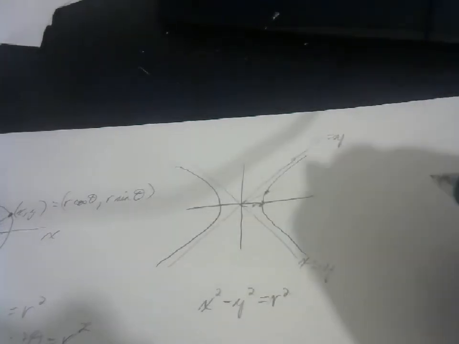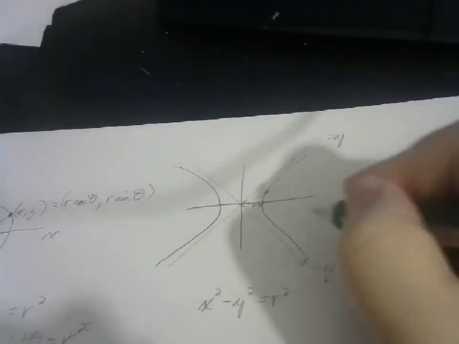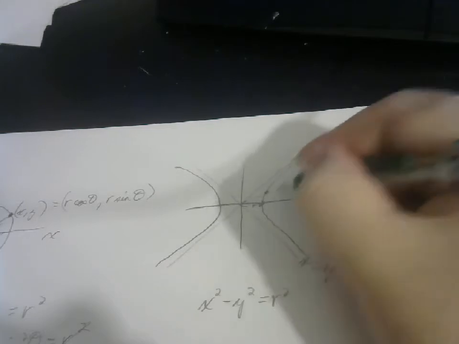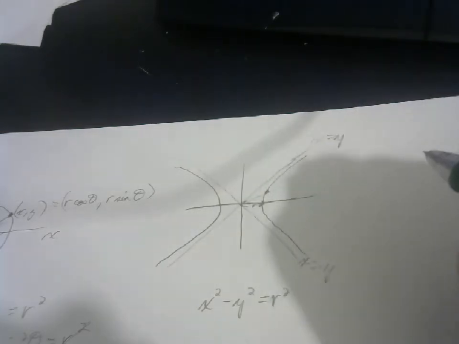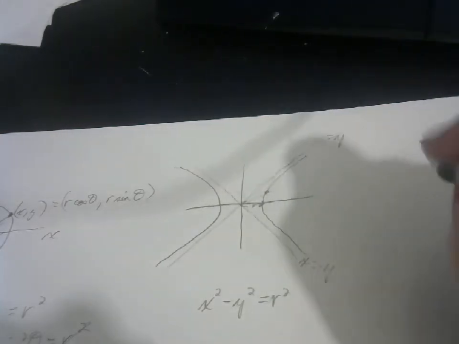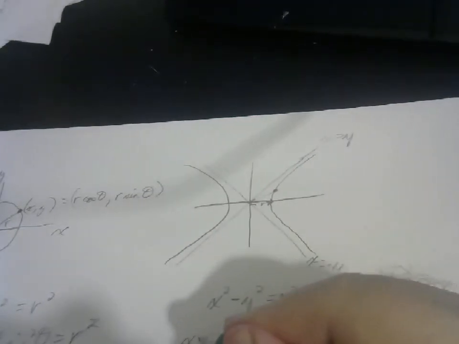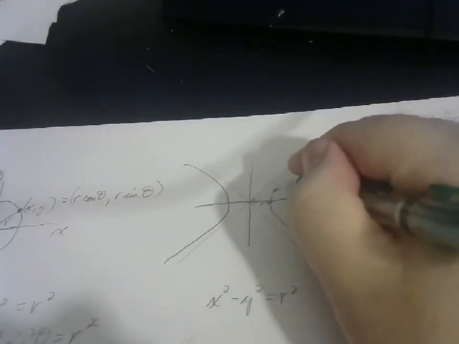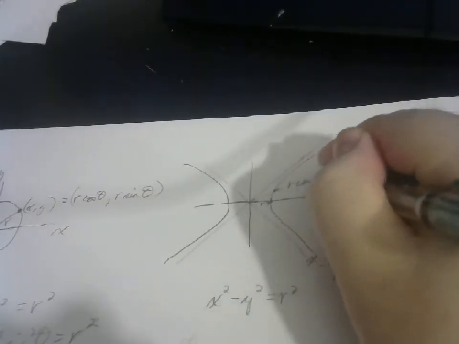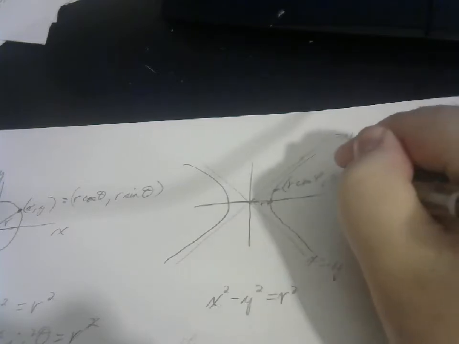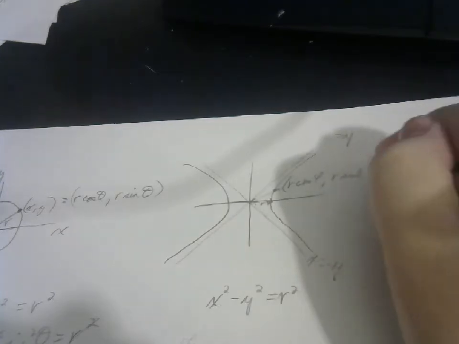It's not really a radius, but it's just the closest distance that the hyperbola gets to that point in the middle. With this, we can replace this point here with r cosh phi, I'm going to call it phi, and r sinh phi.